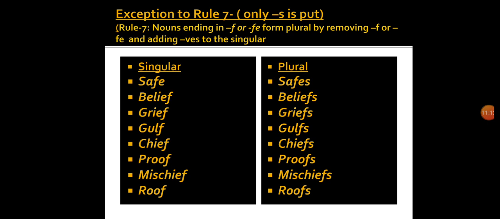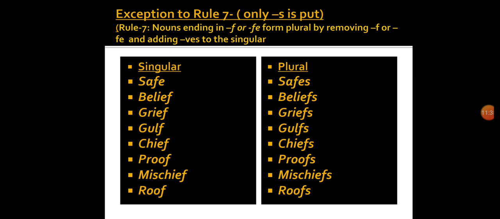Here are some exceptions to this rule 7. We should see some examples for that. Here is the word safe. The last letters are fe, but we just add s for its plural form.